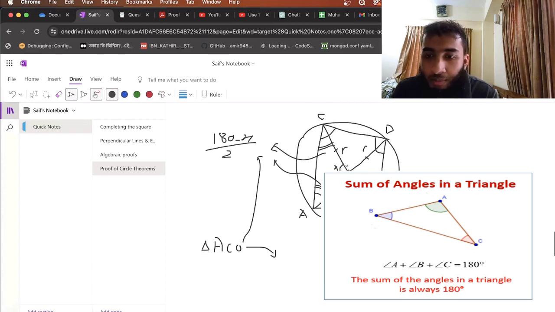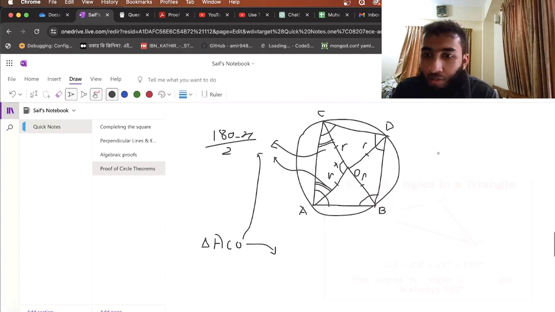Similarly, in the context of triangle COD, or CDO, however you name it, in triangle CDO, if this angle is Y, because these two sides are radii and equal, the opposite angles, this angle and this angle, will be the same.